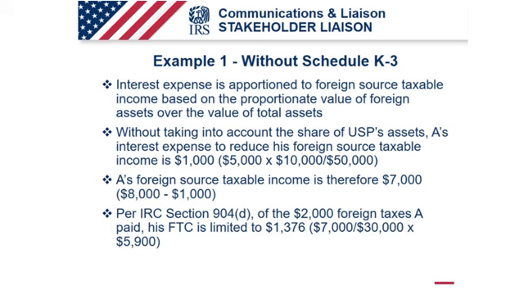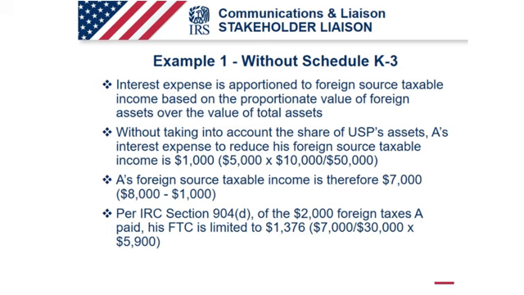This is because this type of interest expense is basically considered fungible, meaning it's not directly tied to anything. It's considered to support all your assets. So you allocate it to foreign source based on the proportionate amount of foreign source assets that you own.